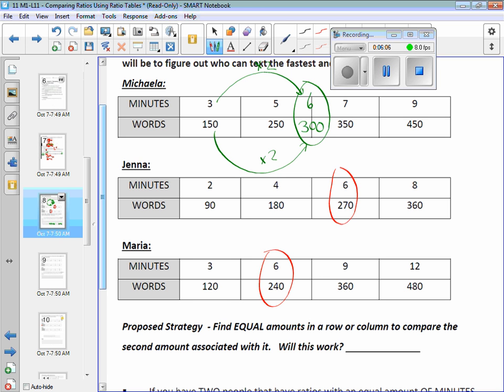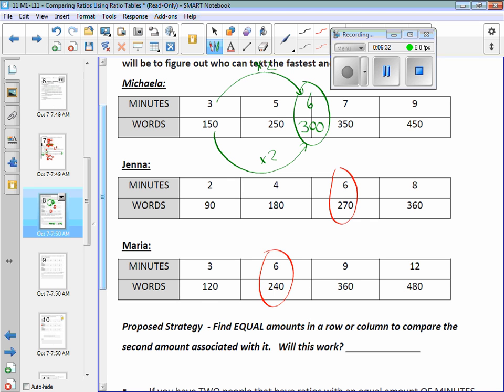And then I figured out that Michaela was faster than Jenna because I looked at in 5 minutes Michaela got 250, and in 6 minutes Jenna got 270, and I knew that it was like plus 50 for every number.